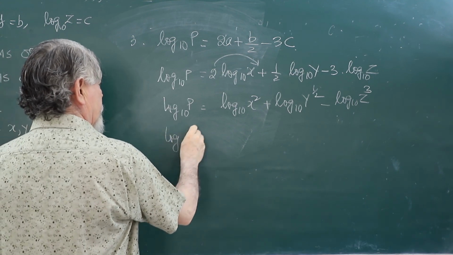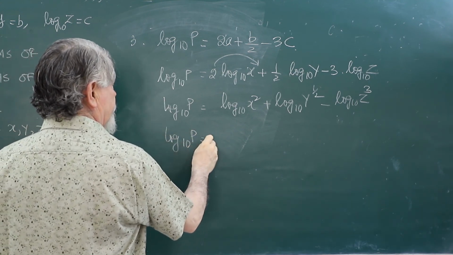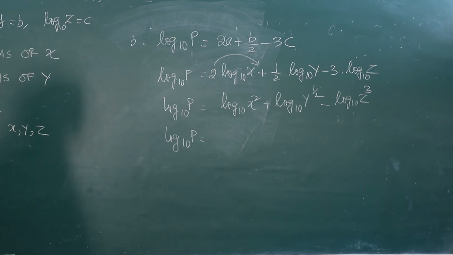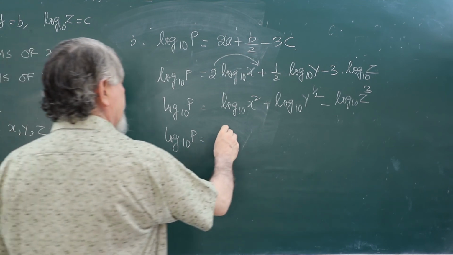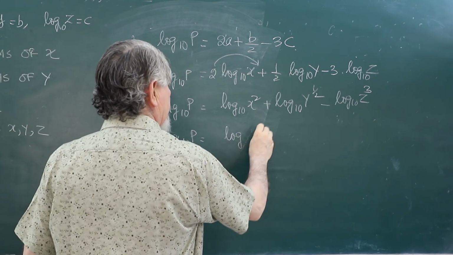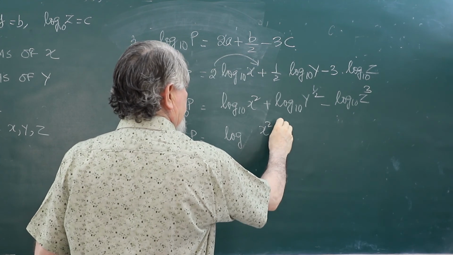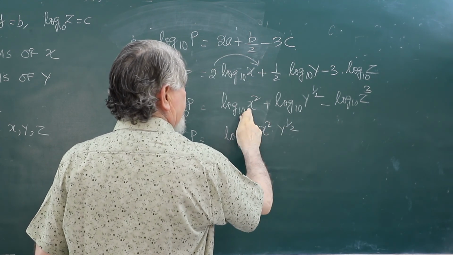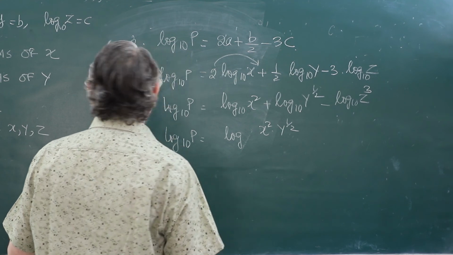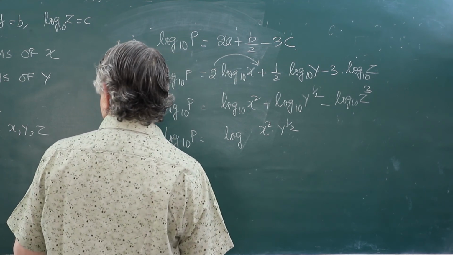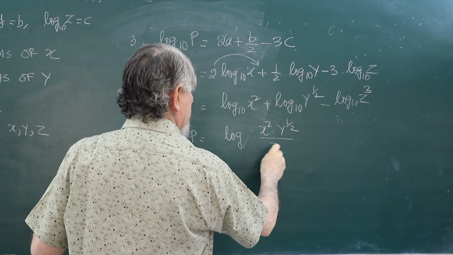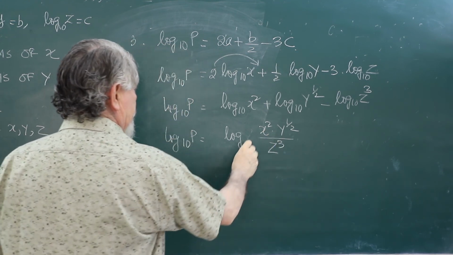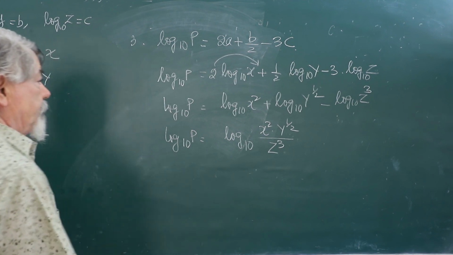Log p to the base 10: addition changes to multiplication and minus changes to division. It will become log of x square into y to the power half upon z to the power 3, to the base 10.